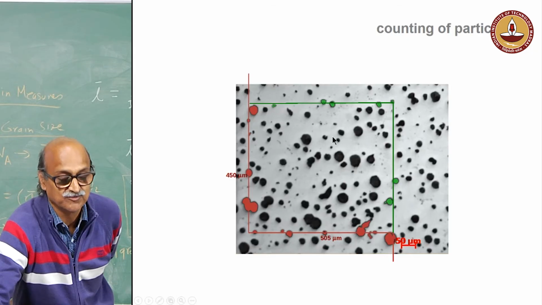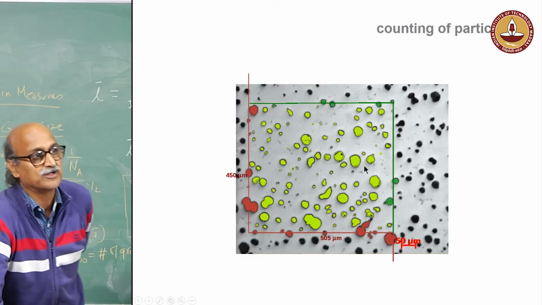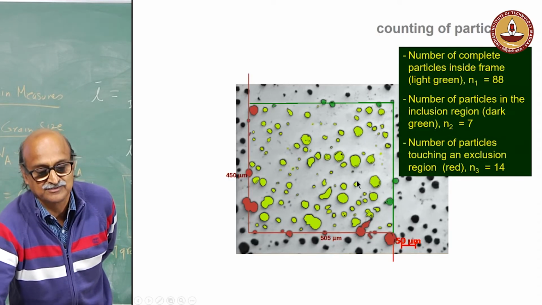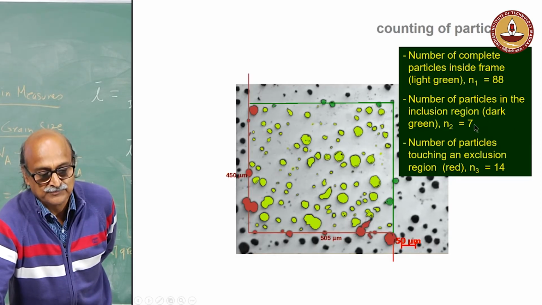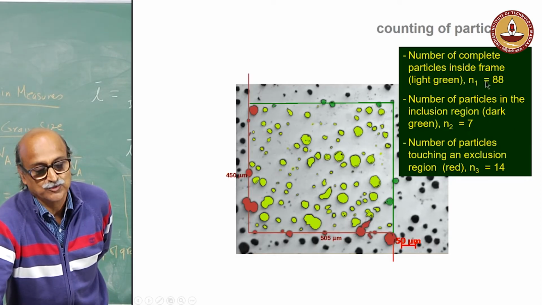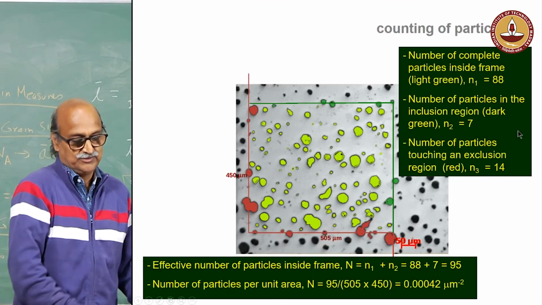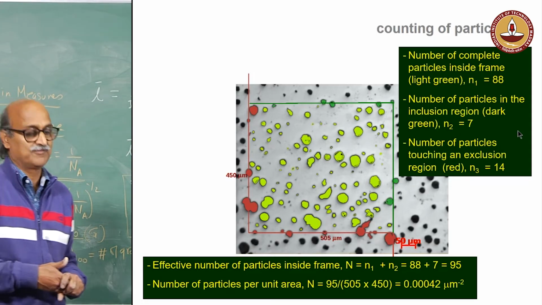The dark green ones will be counted because they are only touching the inclusion zone, and of course all particles completely inside the frame will be counted. Hence you get 88 light green particles, 7 dark green, which are to be counted, and the red ones, 14, not to be counted, and you get the effective number of particles inside the frame as 95.